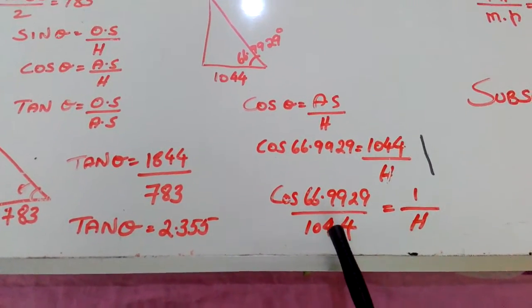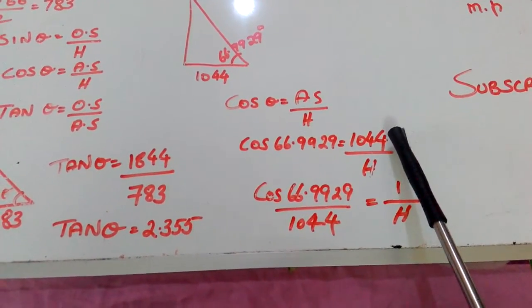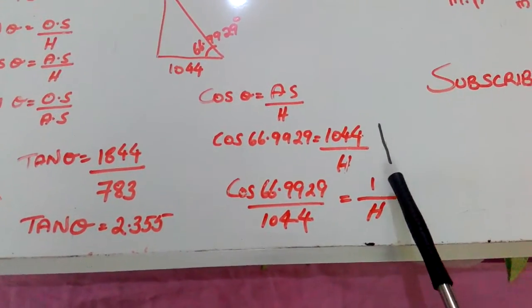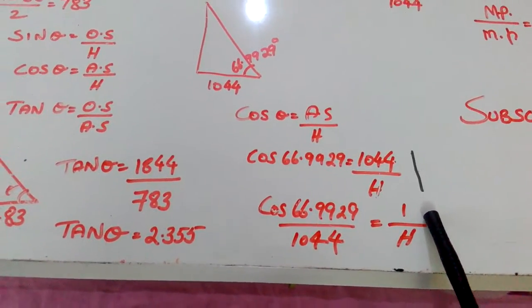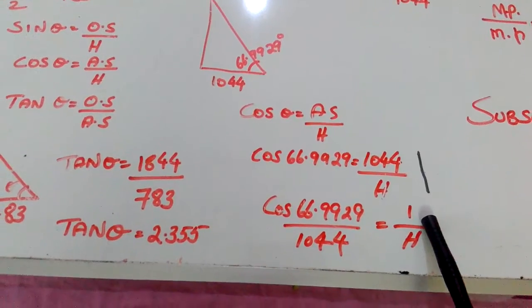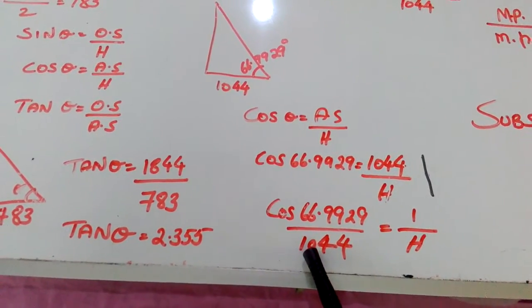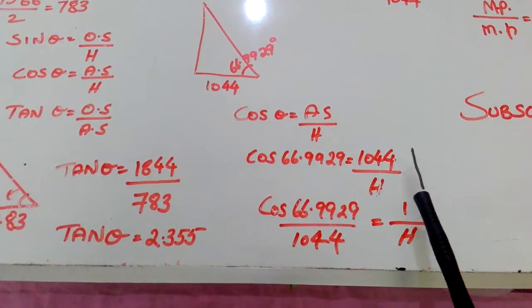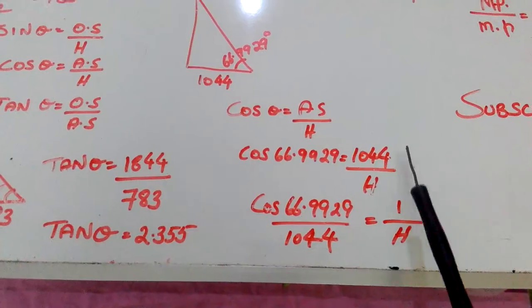1044 has reached the bottom side of this cos 66.9929. When 1044 has gone from here, what will remain there? Only 1 remains there. That is the law of mathematics. So 1044 has gone away from here, and we have to keep 1 here. But we don't have to find 1 by h.